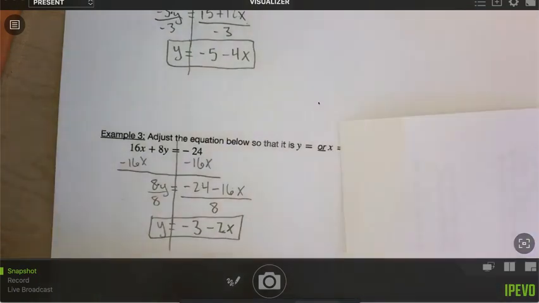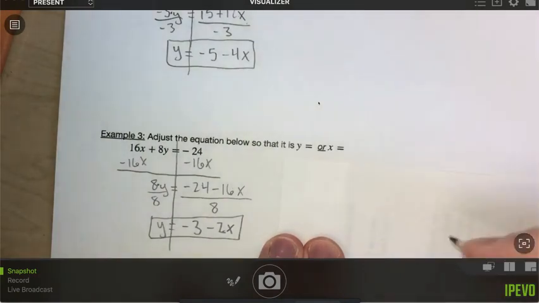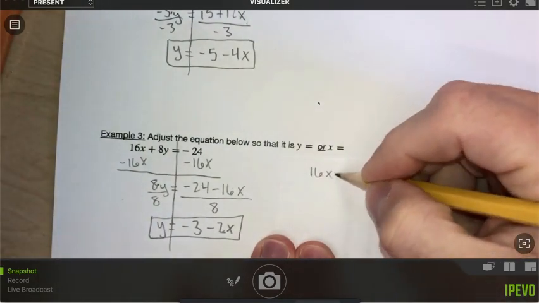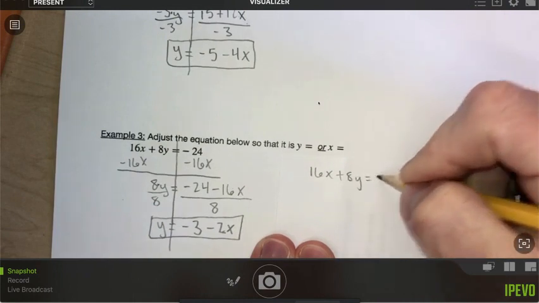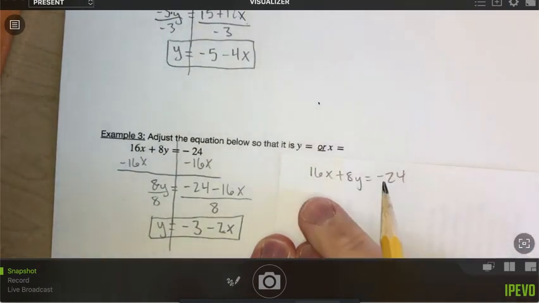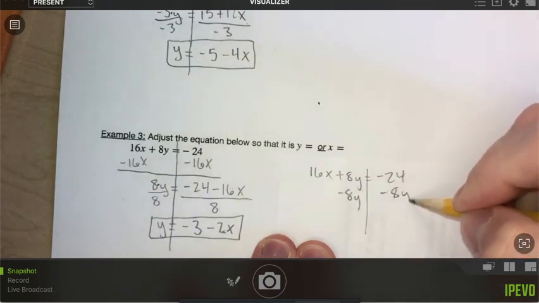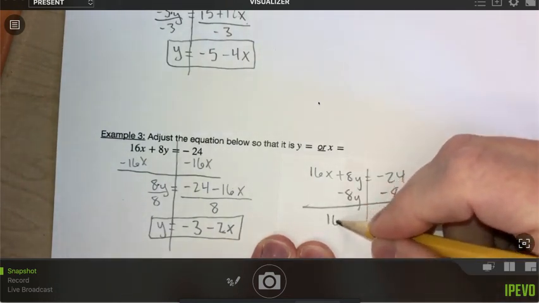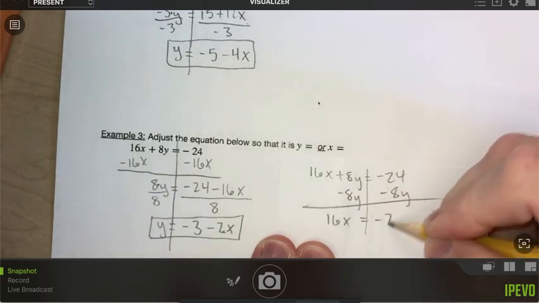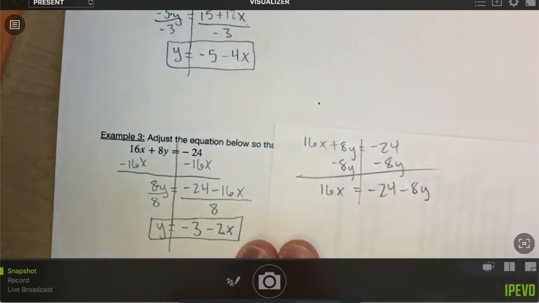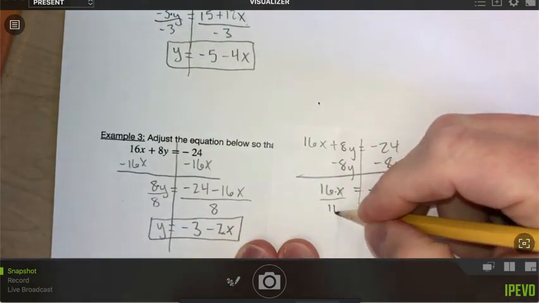And just to demonstrate, let me show you what I mean. This is just a side note, so you can skip it if you need to. But if I had instead done minus 8y to both sides, notice how I'd have to divide both sides by 16.